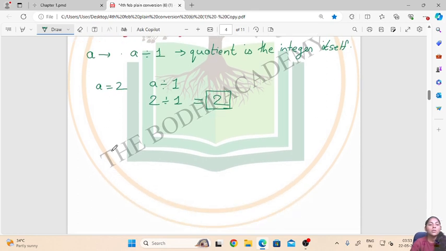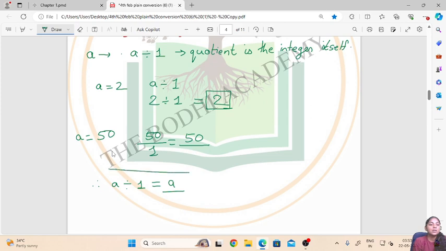For example, another example we can take, we have a is equal to 50. So 50 divided by 1 will be 50 only. So when any integer is divided by 1, the quotient is the integer itself, that is for any integer a. Therefore for any integer a, divided by 1, it will be equal to a.